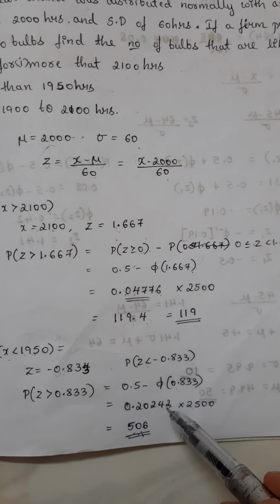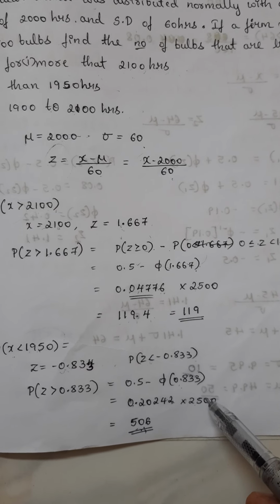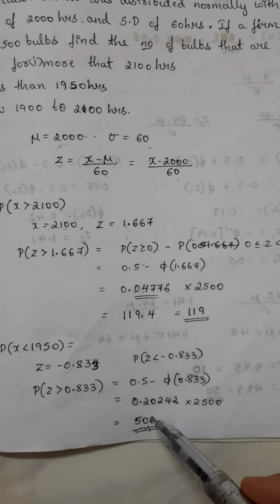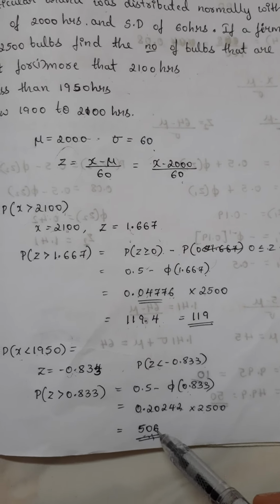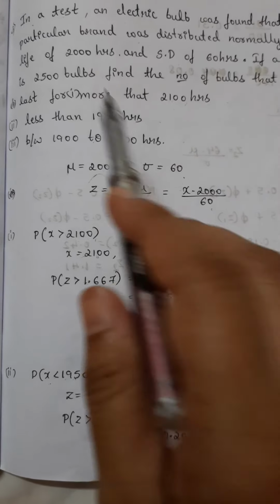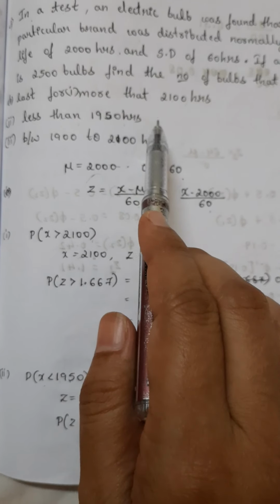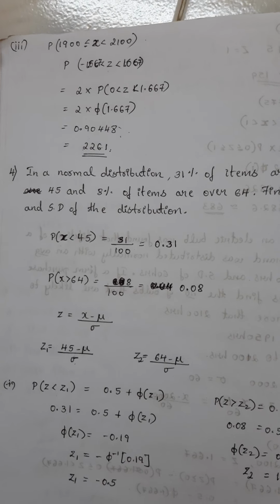So for 2500 such bulbs, I should multiply this result with 2500. So I got the result as 506. So out of 2500 bulbs, 506 bulbs can last for less than 1950 hours.